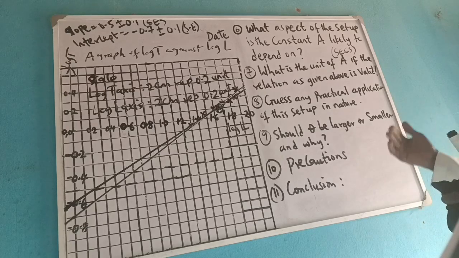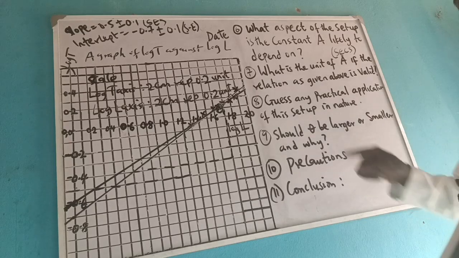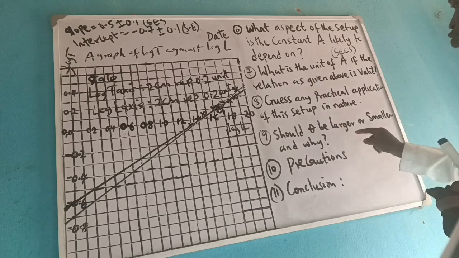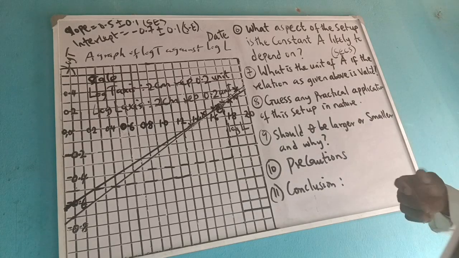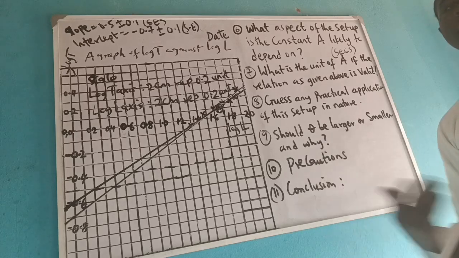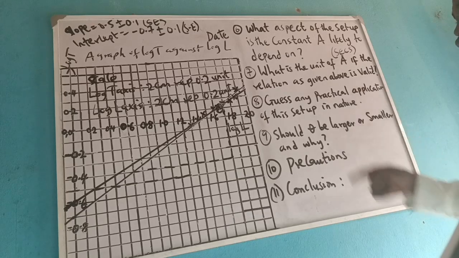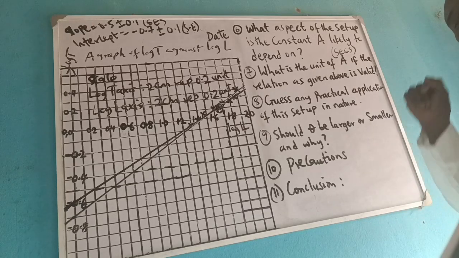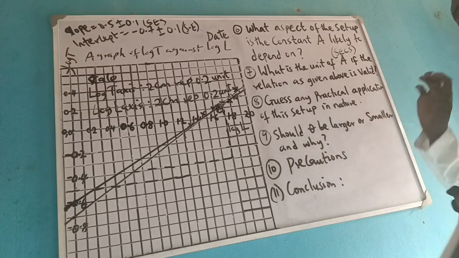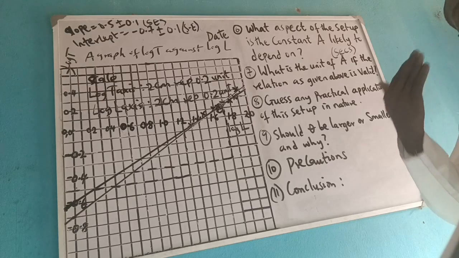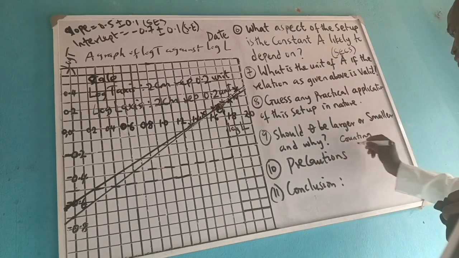So angle, you try to tell them that care was taken while displacing the thread by ensuring that it is displaced at a very small angle so as to minimize error that will be encountered during counting and timing, during counting of the number of oscillations and timing.